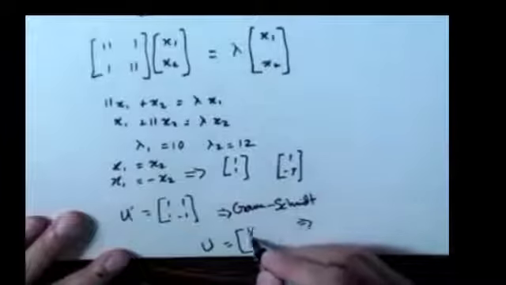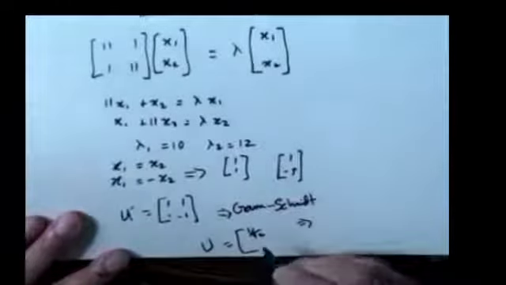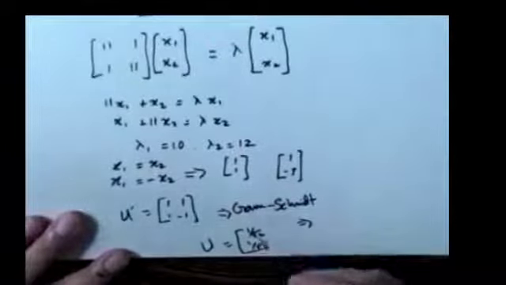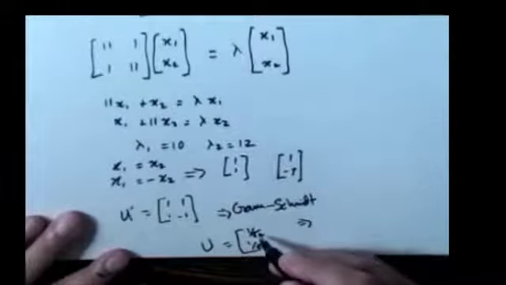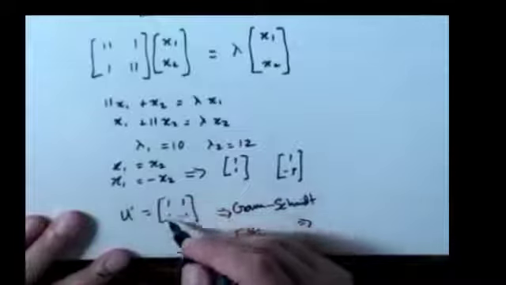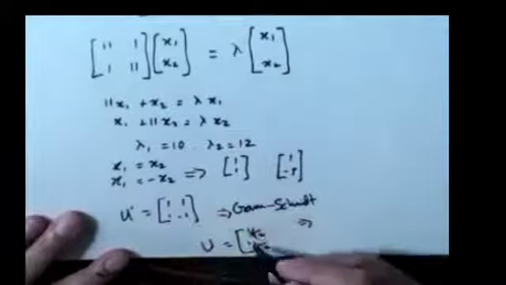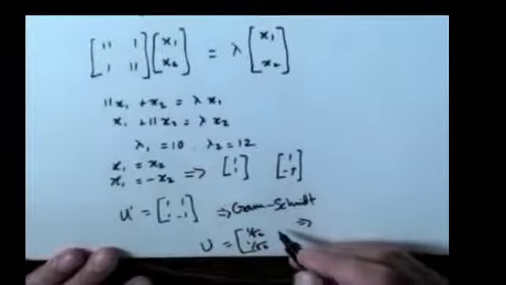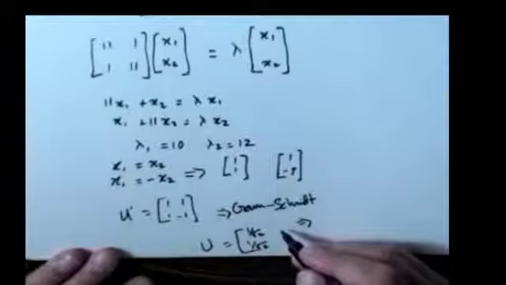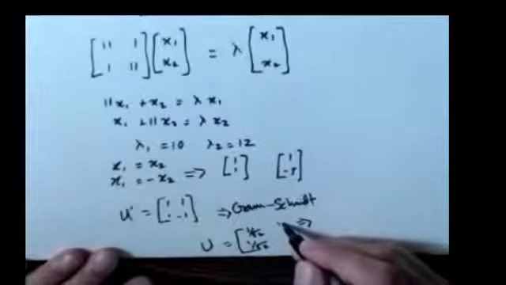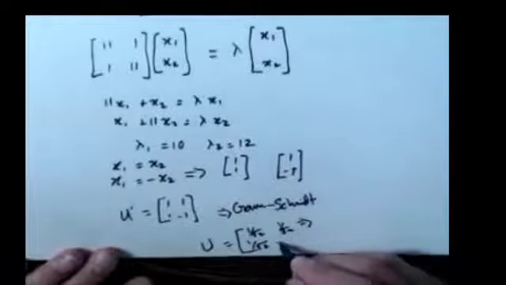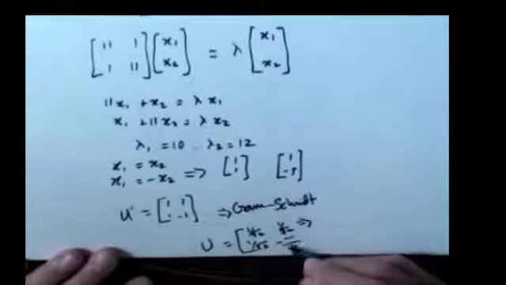This is 1 over under root 2, and this is also 1 over under root 2. I'm just making it normal by dividing the first vector by its magnitude, and use this one to calculate the other normal vector, which in this case turns out to be very similar: 1 over under root 2 and minus 1 over under root 2.